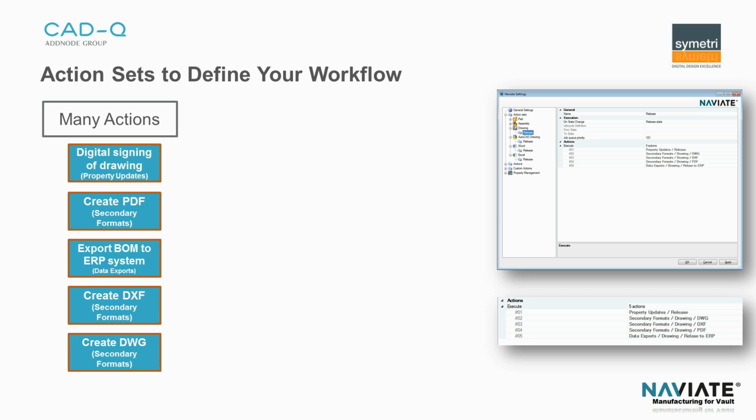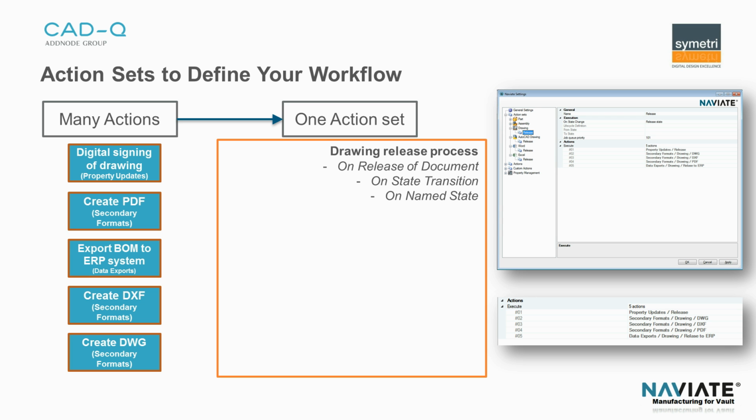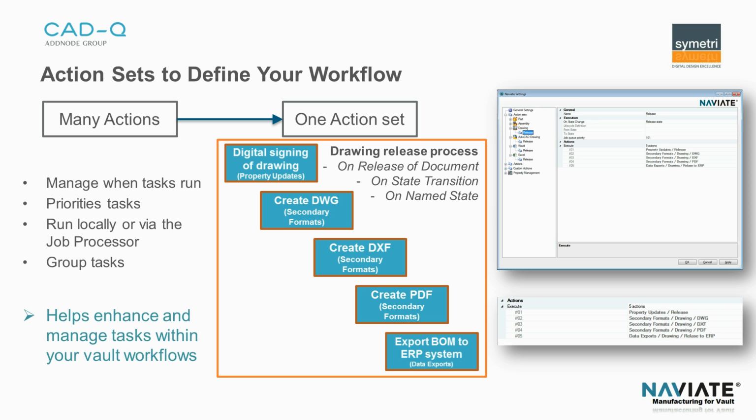Within Naviate Vault we have many different actions that we can set up, so the ability to export the BOM, the ability to create DXFs, PDFs, DWGs, sign drawings by filling in properties, etc. And action sets allow us to take these actions and order them so that as we change between particular states, these actions are triggered automatically, therefore reducing the amount of manual work that users have to do. All the jobs can be run either via the job processor or can be run on the actual client themselves.